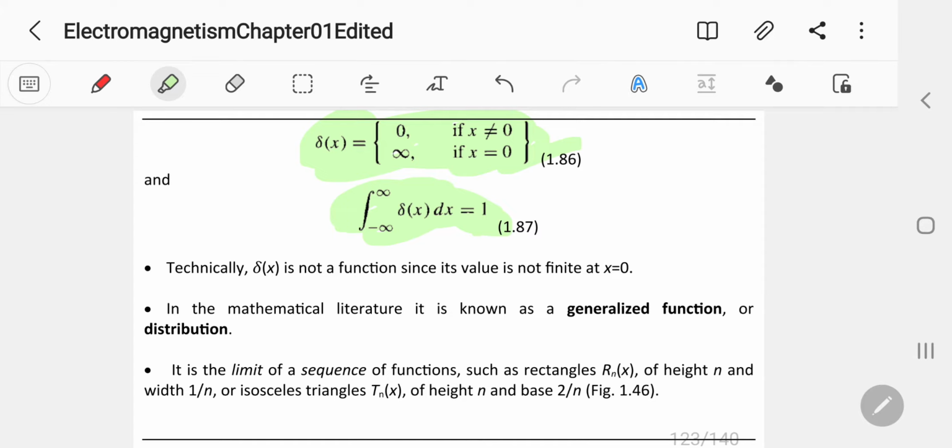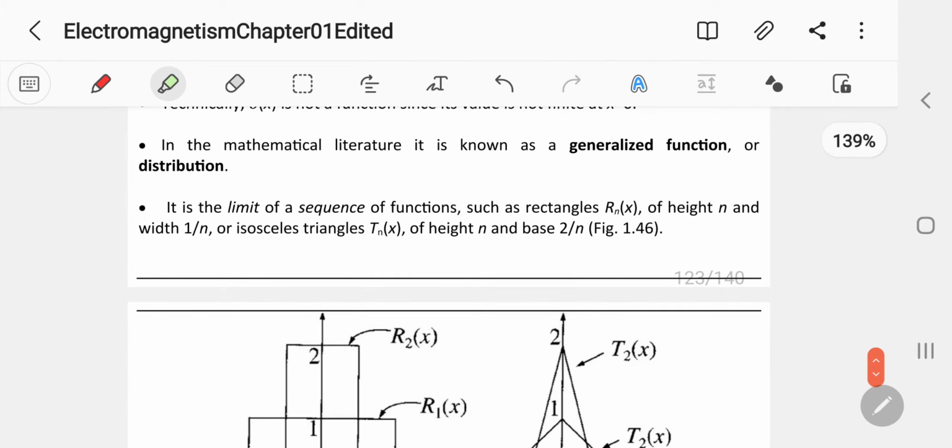By the way, the Dirac delta function is the limit of a sequence of functions such as rectangles Rn of height n and width 1 over n, or isosceles triangles Tn of height n and base 2 over n.